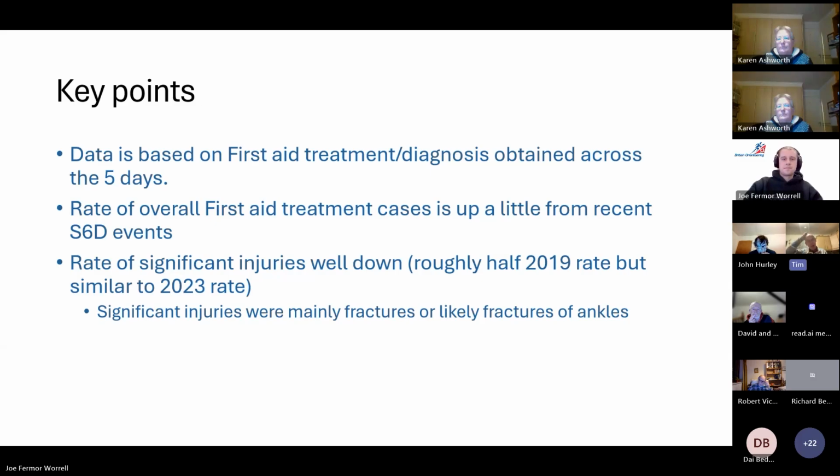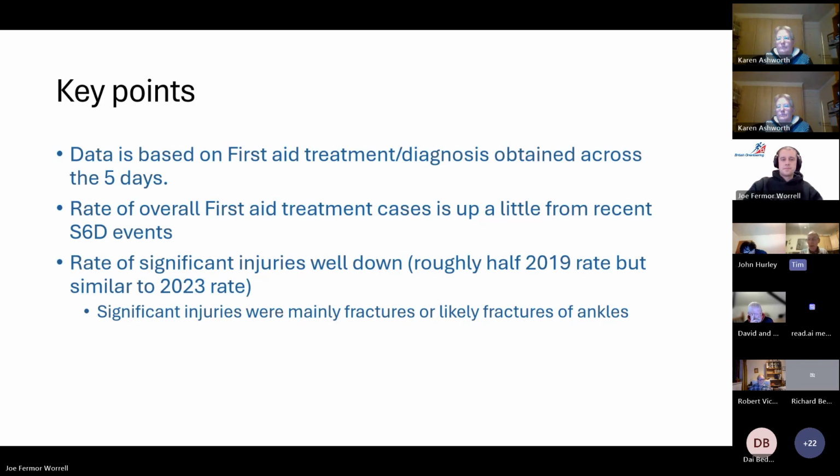And the conclusion was that there's a slight increase in the rate of first aid treatment cases between the two sets of data. By the way, the 2019 data was very similar to the injury rates that came from the orienteering survey done in the 1990s, right?